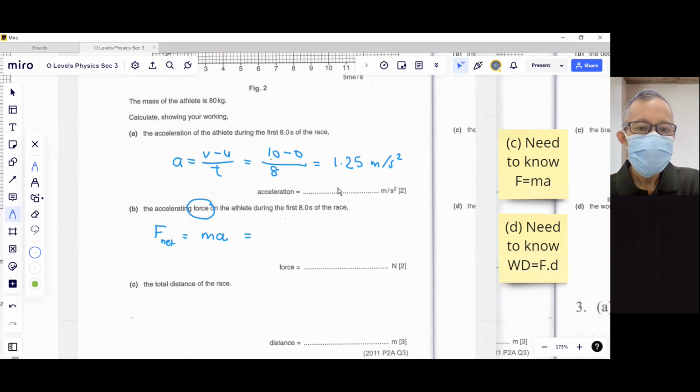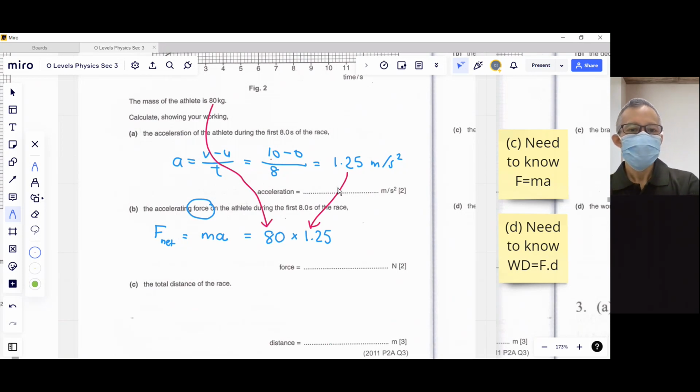You know the mass of the athlete is 80 kg. Acceleration, you have already calculated from part A, so just substitute in. Work out the answer using a calculator. Just don't be careless, that's all. And you should get your answer.